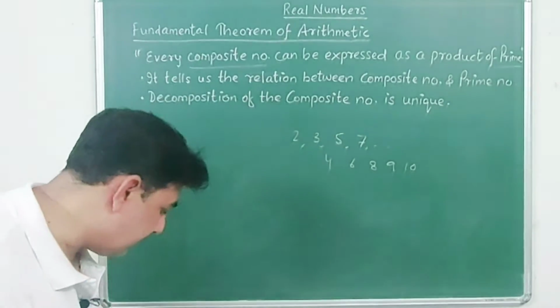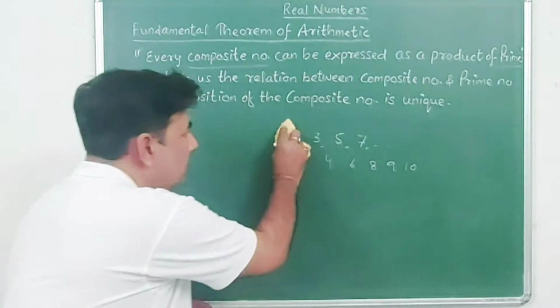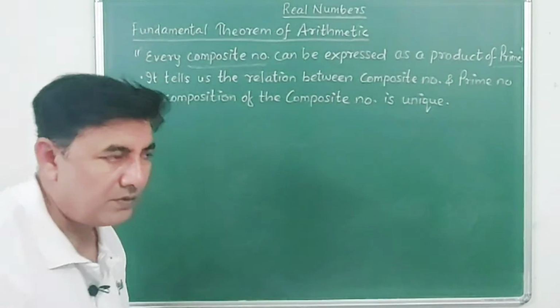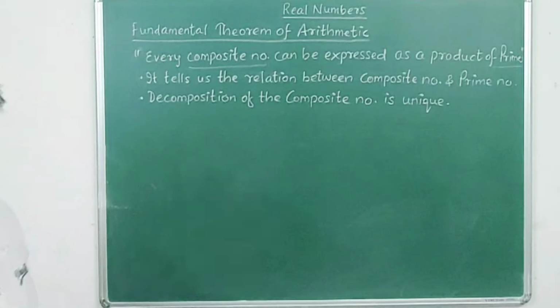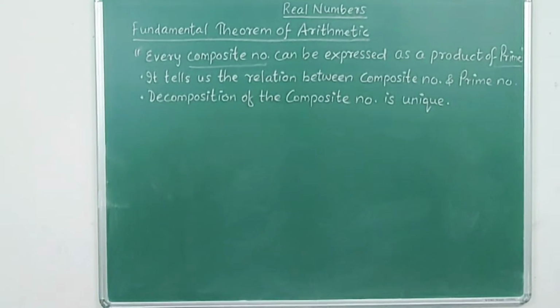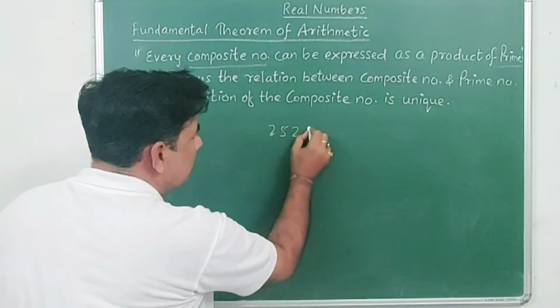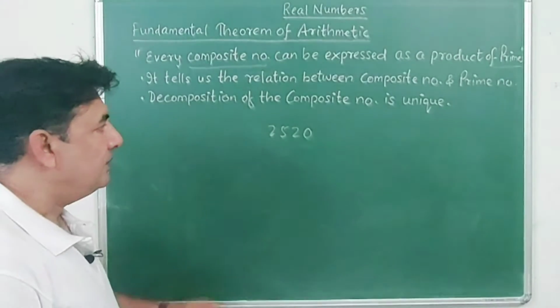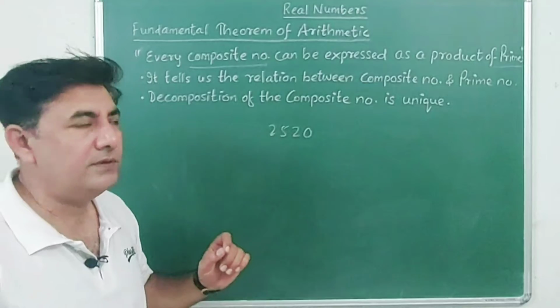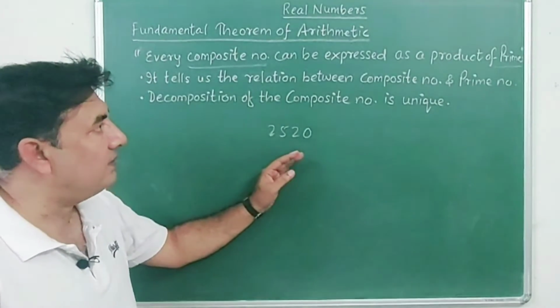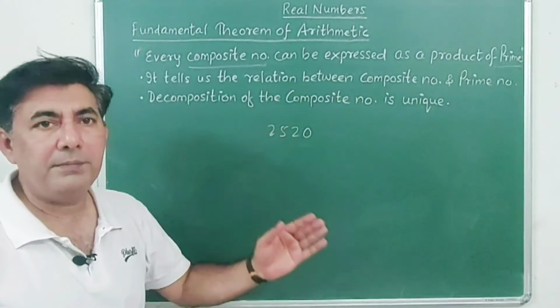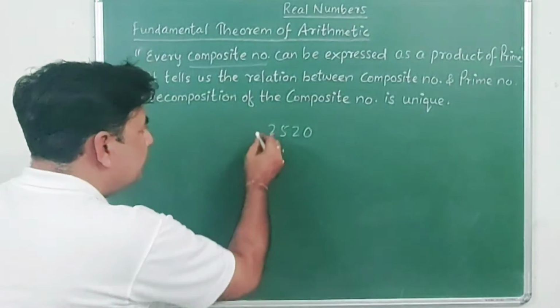Let's take one simple example. Say the number 2520. This is a composite number, and we can express it as a product of prime numbers. How to do that?